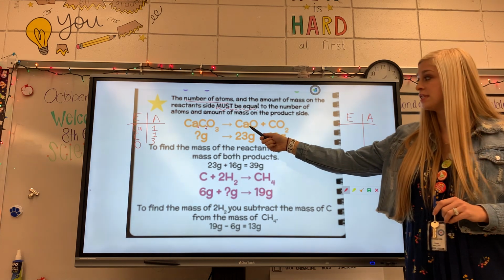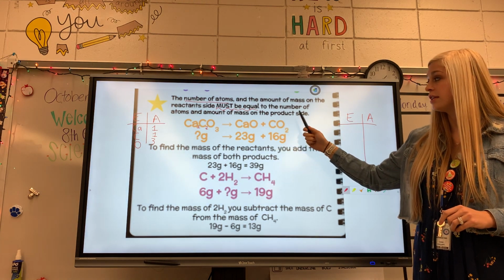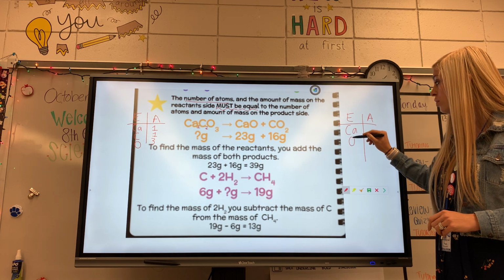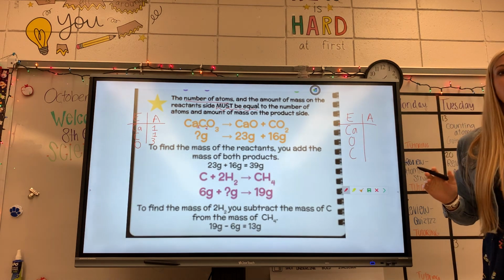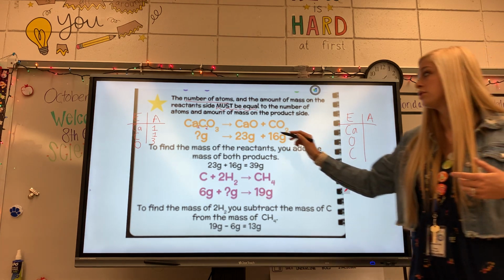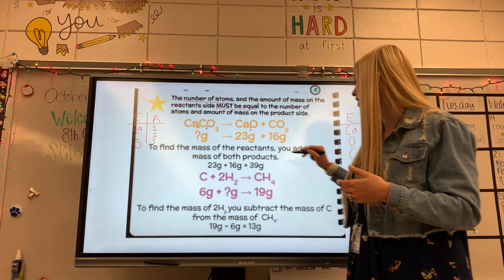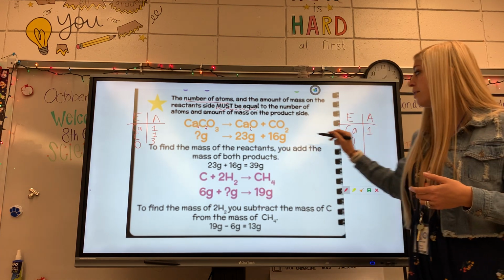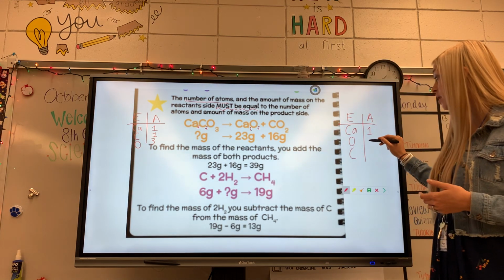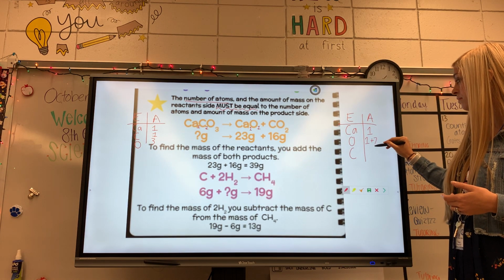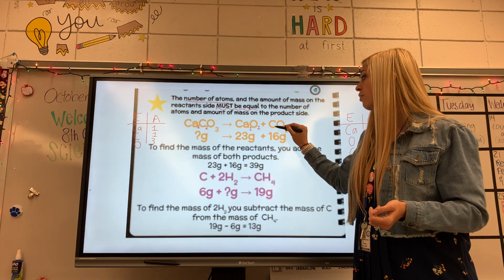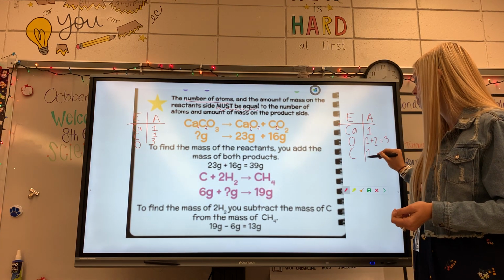We have Ca, O, C, and O again. I'm not going to write O twice, I'm just going to count it twice. So I have 1 atom of Ca, and 1 atom of oxygen plus 2 atoms of oxygen gives me 3 total, and I have 1 atom of carbon.